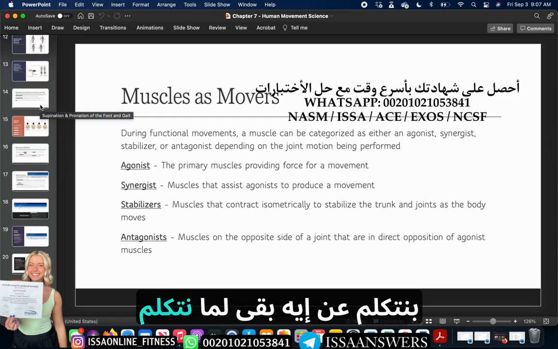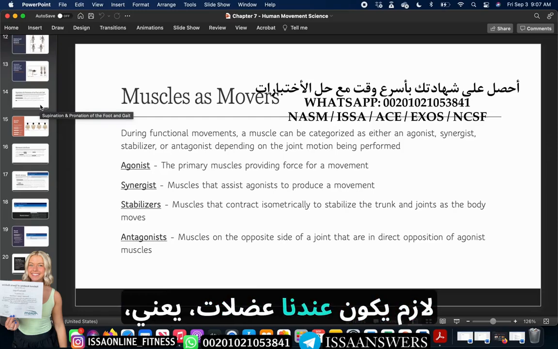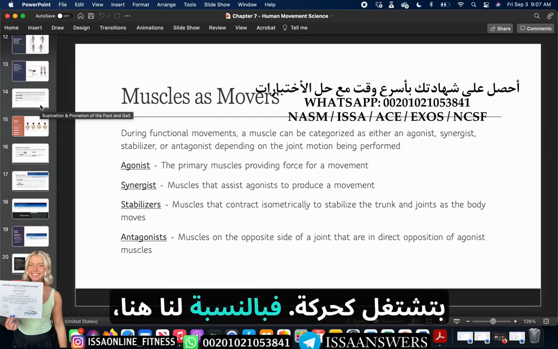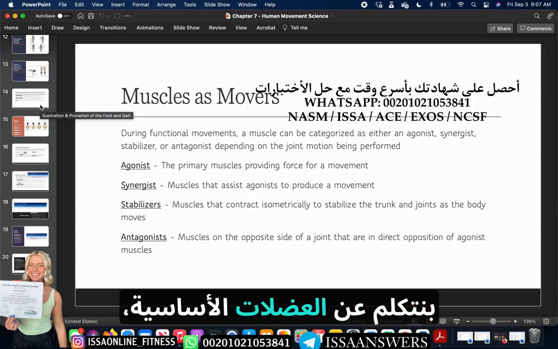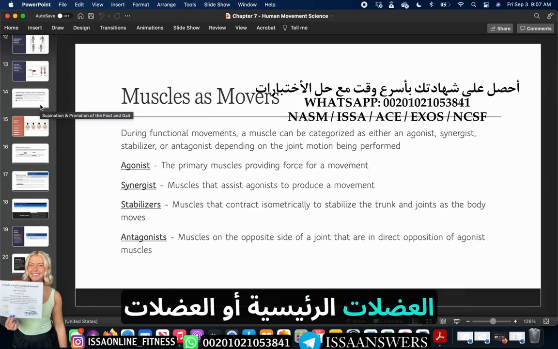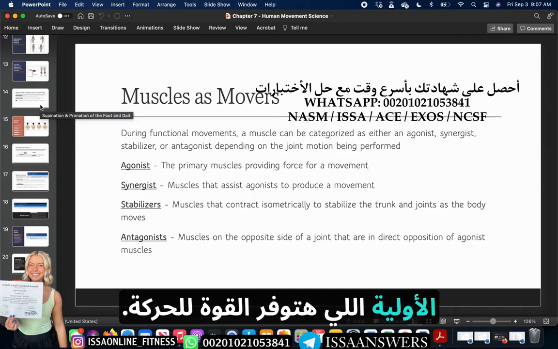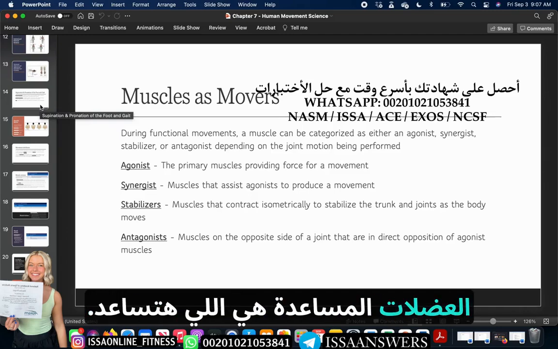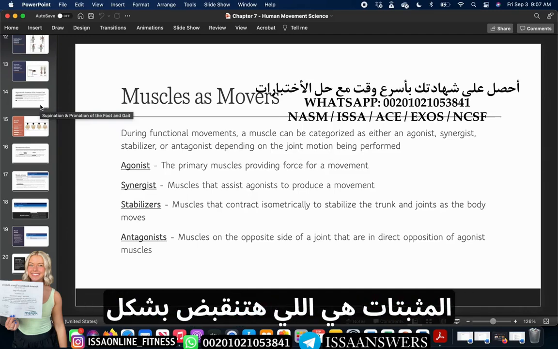So what do we talk about with those muscle actions? We have to have muscles acting as movers. For our sake here, we're talking about agonists, synergists, stabilizers, and antagonists. An agonist is the main or primary muscle that is going to provide the force for the movement. Synergists are those that are going to assist.